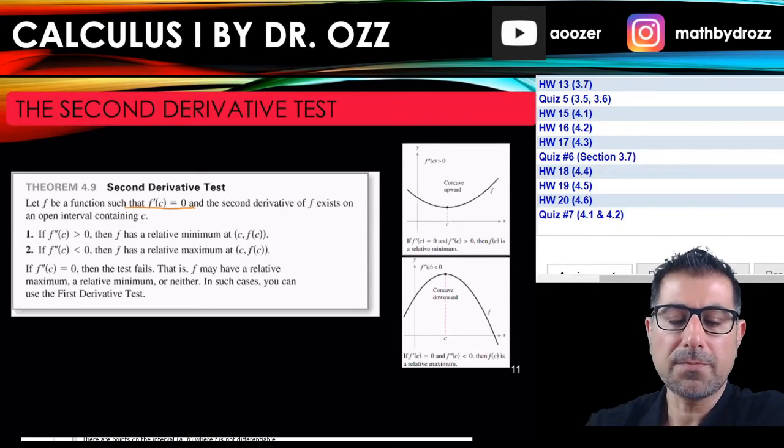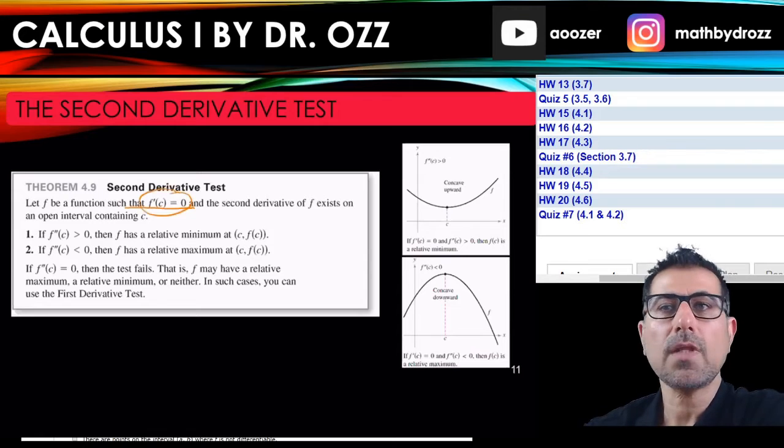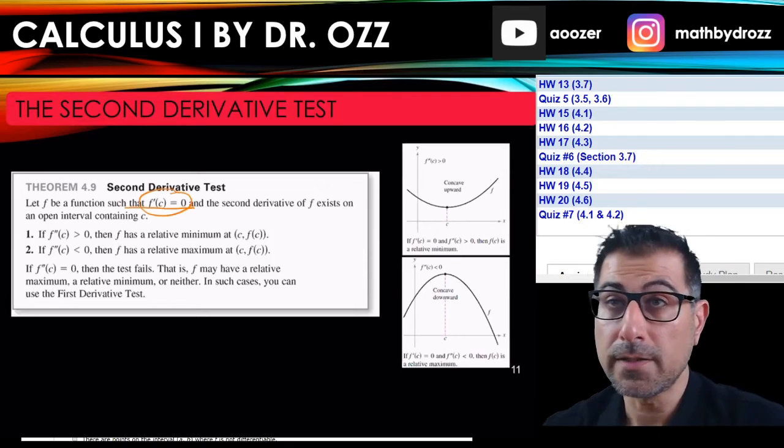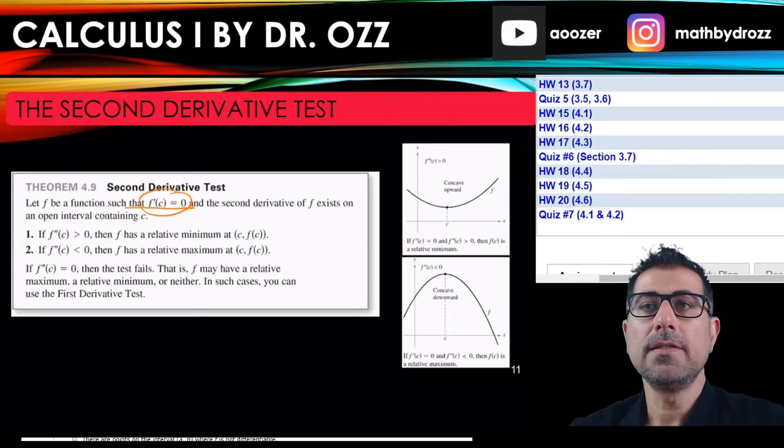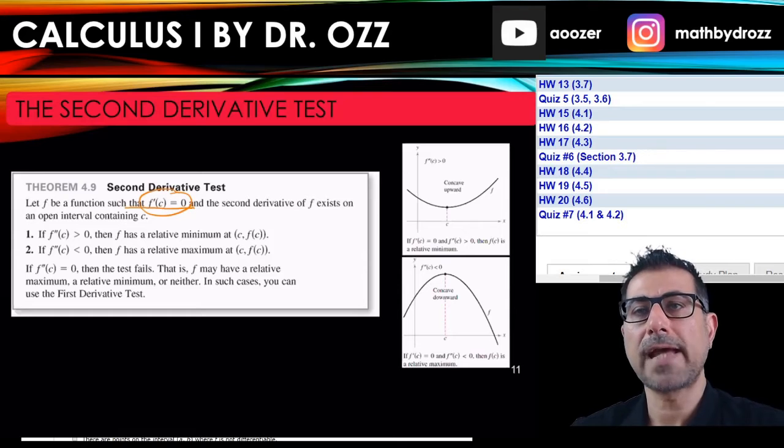In fact, if f prime at c is equal to 0, that is in fact a critical point of the first kind. So once you pinpoint the critical points, especially the first kind, in the analysis of f prime, then you can test those points if they give a relative minimum or maximum value.